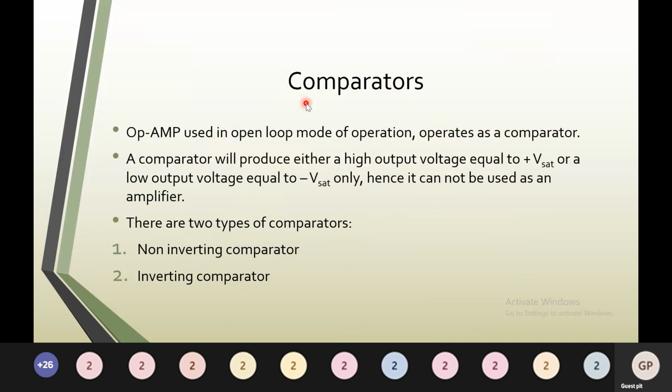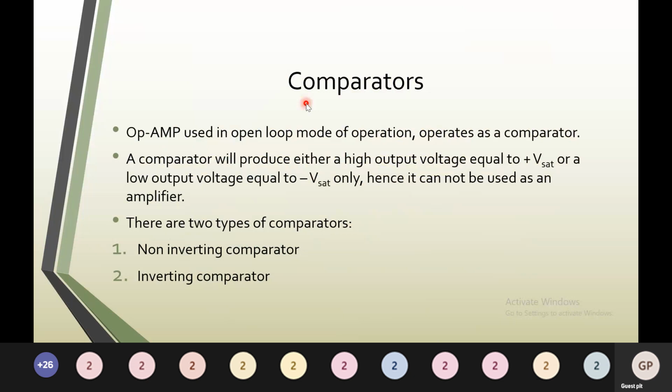Now let us start with comparators. Till now we were discussing some applications of op-amp where the op-amp is used in closed loop configuration. That is, we had a feedback from the output to the input, whether it is an inverting amplifier, non-inverting amplifier, differential amplifier, differentiator or integrator.